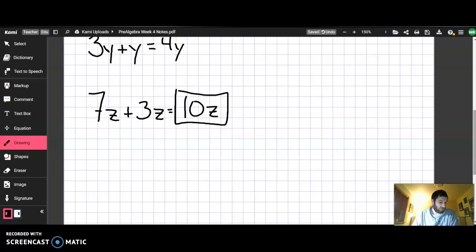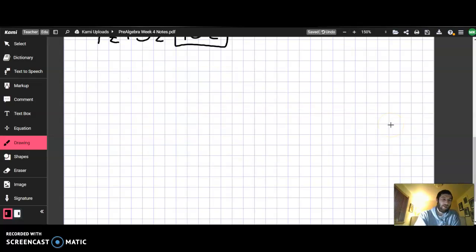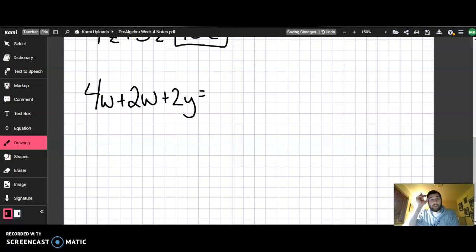And so, one last step of application here. We have 4w plus 2w plus 2y. Now we want to combine our like terms, and when I say like terms, I mean we want to combine the things that are similar.